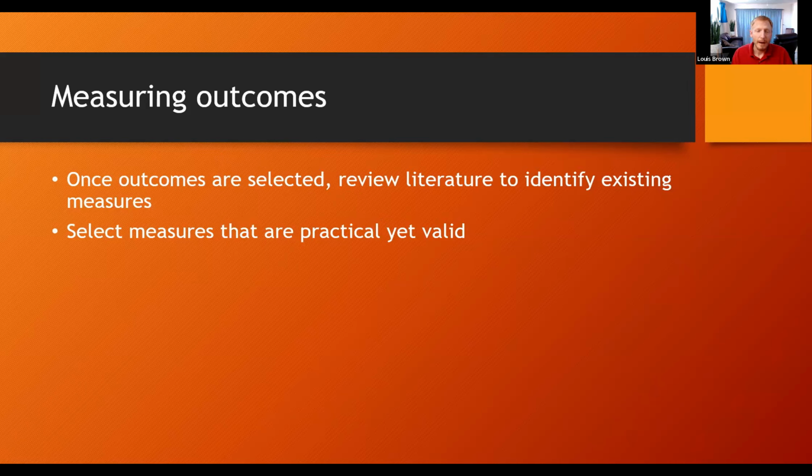So it's best to avoid making up your own measures and rather pull from the existing literature that's shown to have some validity, just because measurement's tricky, and if you make it up on your own, then the burden is on you to show that you're actually measuring what you think you are. Whereas if you're pulling from something that's already established, you can rely on that past work.